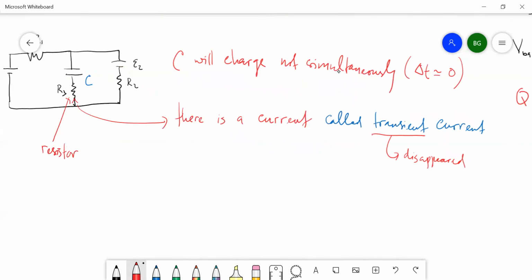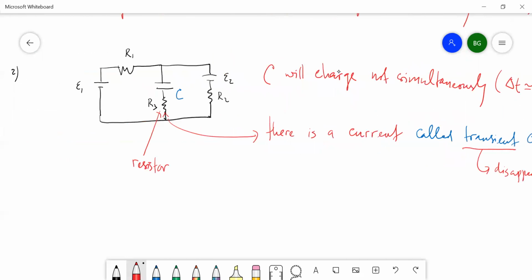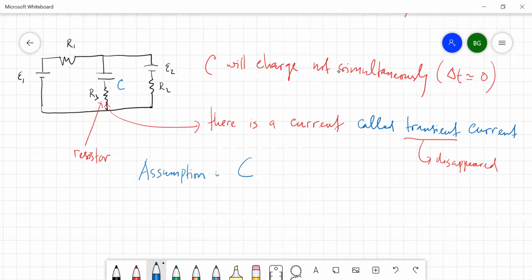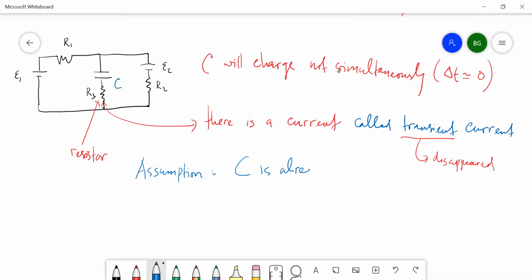Usually, if you face this problem, for example in the examination, commonly we assume that the capacitor C is already fully charged.